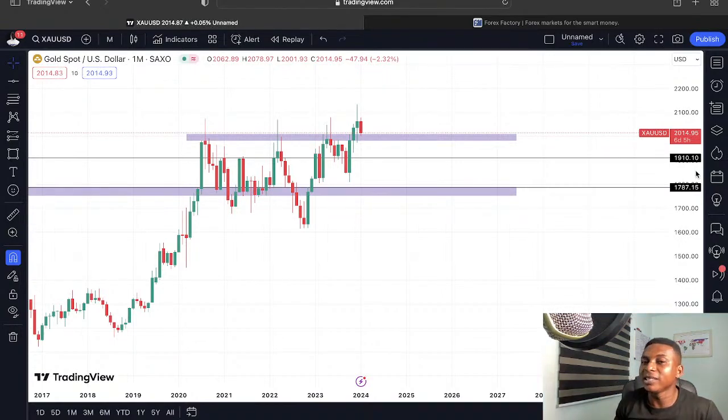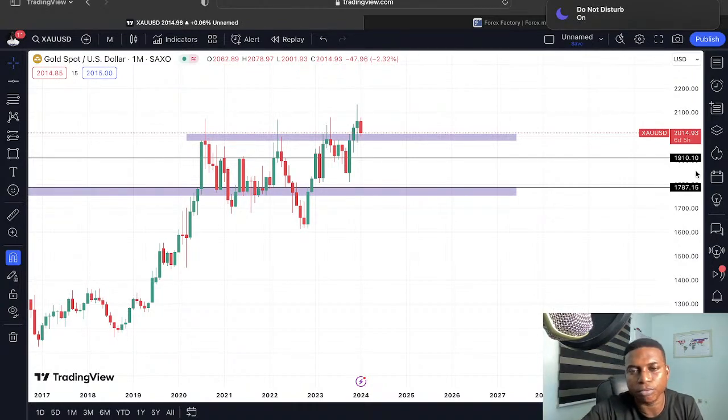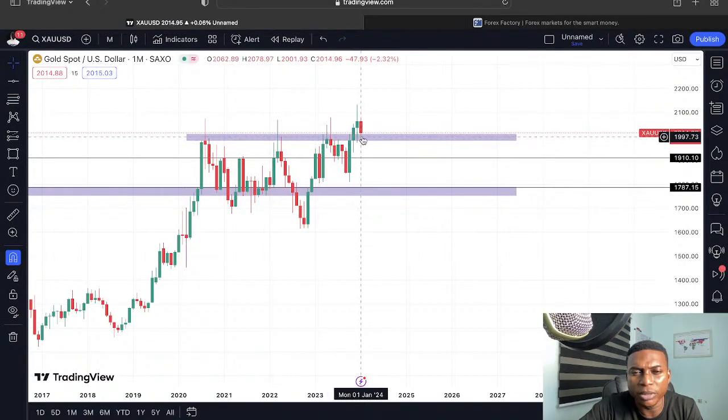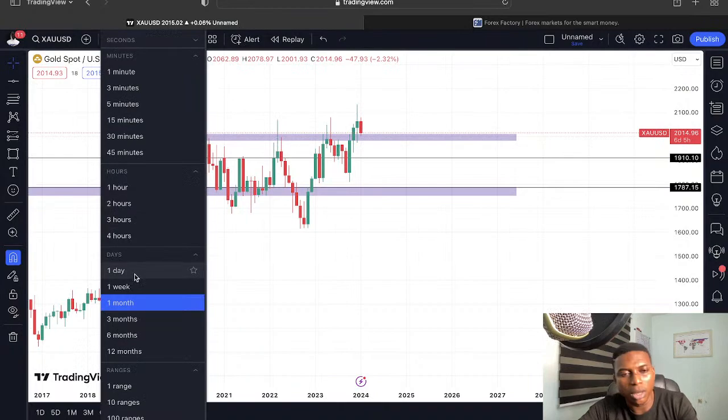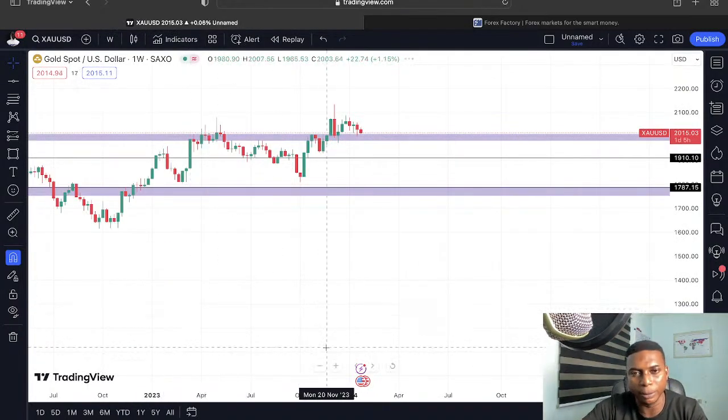And now we can see price coming to a level that I'm going to call the money spot. So we can see price coming here. Now let's go down to the weekly time frame.